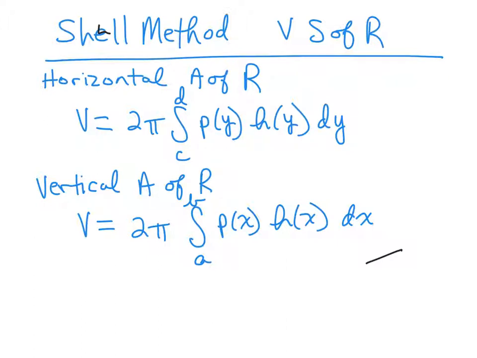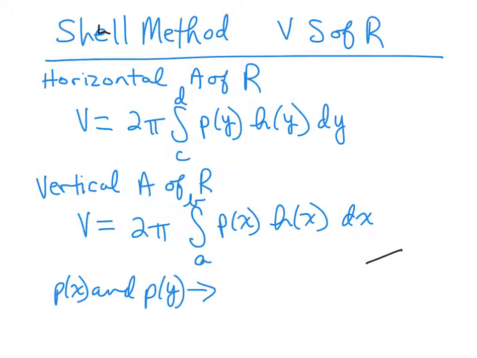Now this next little tidbit is what helps me make the most sense out of the shell method. So this is really important. P of x and p of y, what are those?